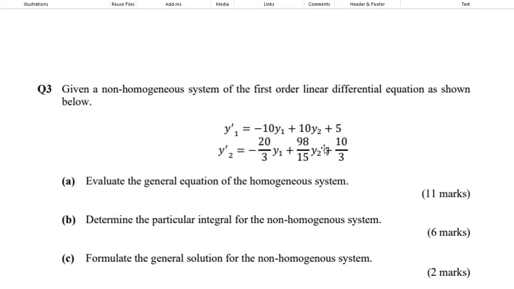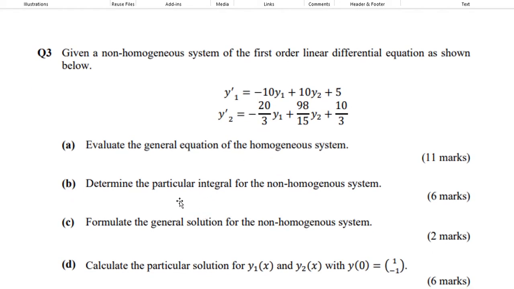The first question asks to evaluate the general equation of the homogeneous system. The second is to determine the particular integral for the non-homogeneous system. C. Formulate the general solution for the non-homogeneous system. D. Calculate the particular solution for y1(x) and y2(x) with y(0) equal to 1, negative 1.